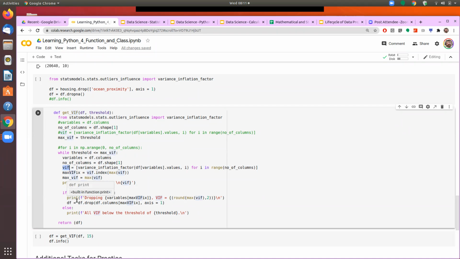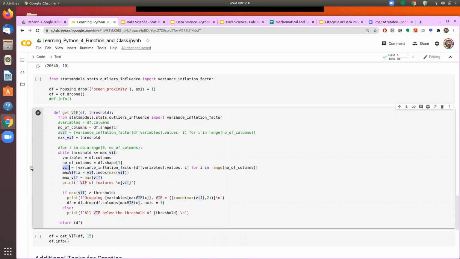That is what this code is doing. Actually what we are saying is that I'll pass you a threshold, I'll pass you the data set, then find out the VIF score. If the VIF score is more than the threshold, remove that column, and continue removing these columns until I have all the columns in my data set having a VIF score of less than my threshold.